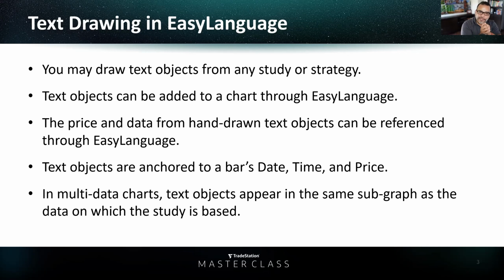So in the calculation process, if you have text that is drawn based on the calculations of Data2 or Data3, the text will follow along and will just be plotted on the data on which it's calculated. So pretty cool. It does the calculation, it does the identification for you, and it puts the text drawing on the data that you're using in the calculation. Okay, so these are just things that you have to keep in mind when you draw text.